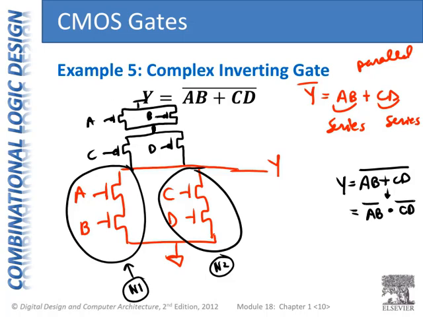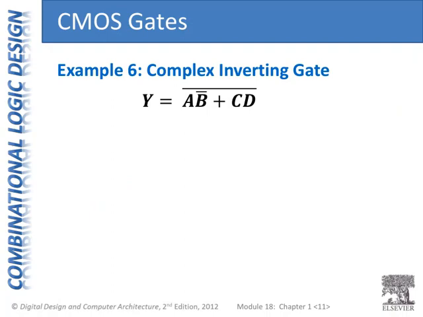Do De Morgan's again, and we're going to get, remember to keep the parentheses, this and turns into an or, pull down the terms, invert them, and then same thing with our second term. So we get A bar or B bar, quantity and, here's our quantity and our series, C bar or D bar.